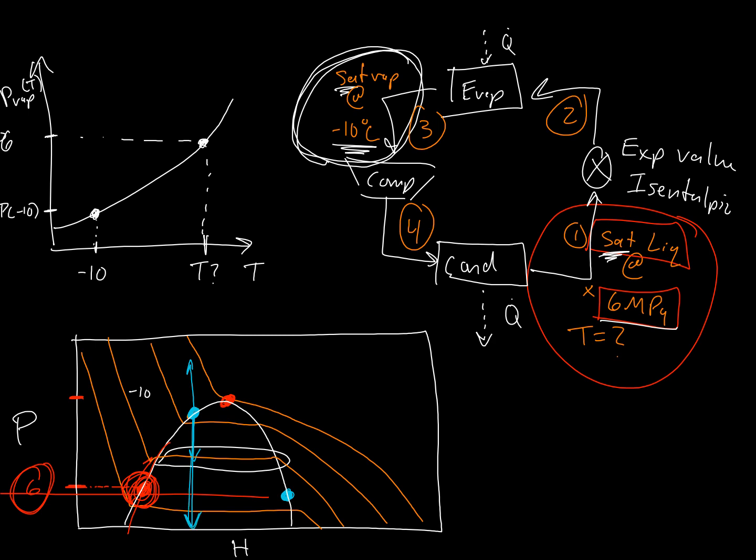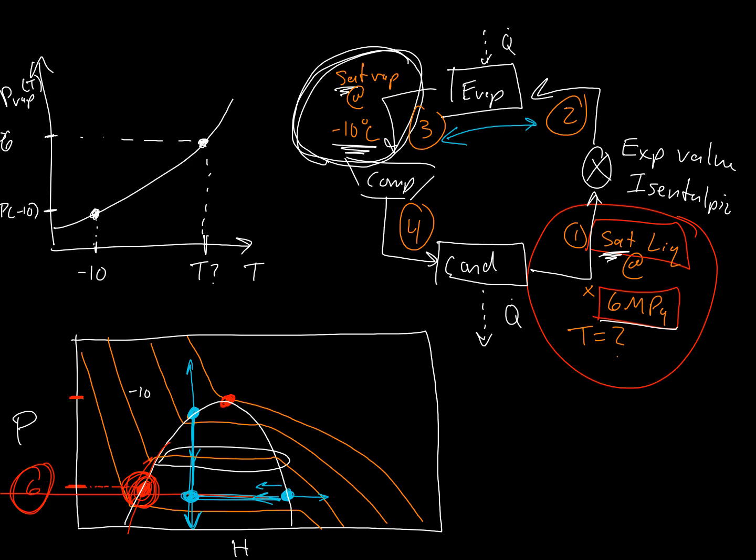Now, truth be told, we don't exactly know how far to draw it down, so we have to work from point 3 backwards a little bit. Going between point 3 and point 2, it says that this is isobaric, so it's constant pressure, which means that this one can only move on this path over here. So it makes sense that we should connect these two dots going this way.